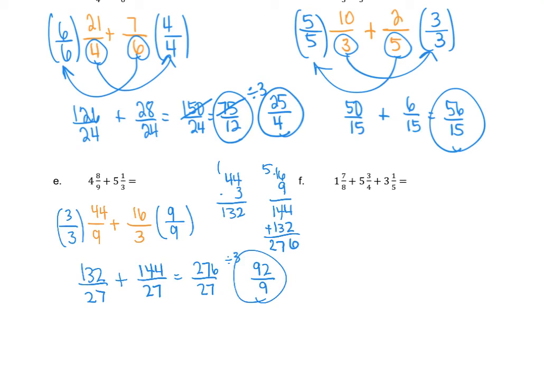All right, 92 over 9 for letter E. And letter F, we're going to do the same process as we did for the 3 fractions in the previous one, but we have to turn them into improper fractions first.